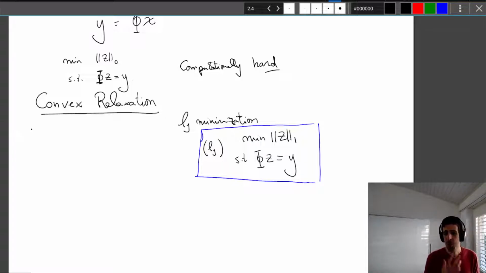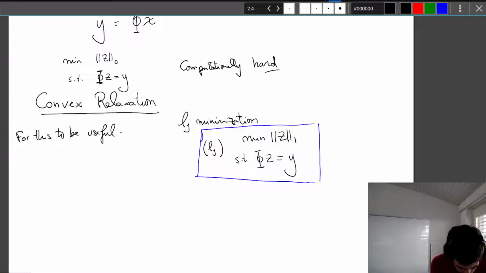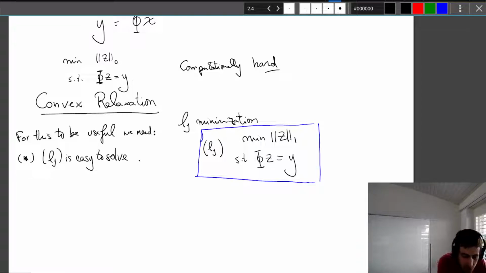Now, in order for this to be useful, I would argue two things need to be satisfied. One, that L1 is easy to solve, because if it's not easy to solve, then we might as well just solve L0.